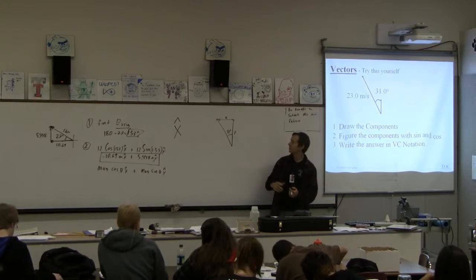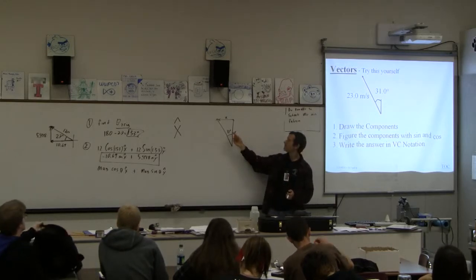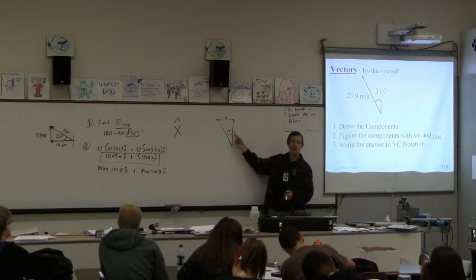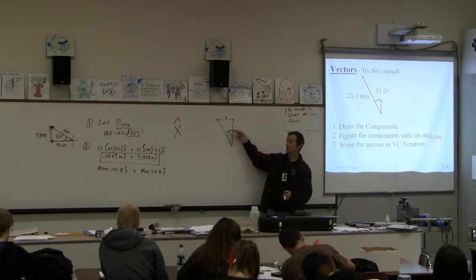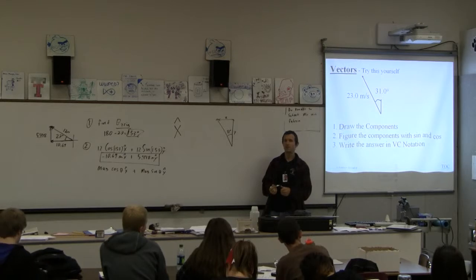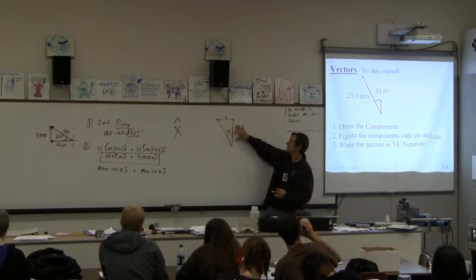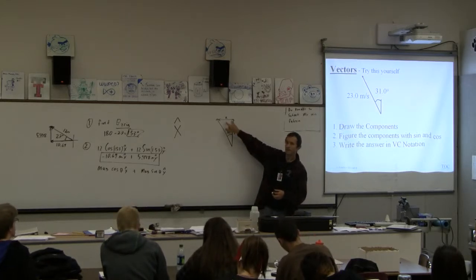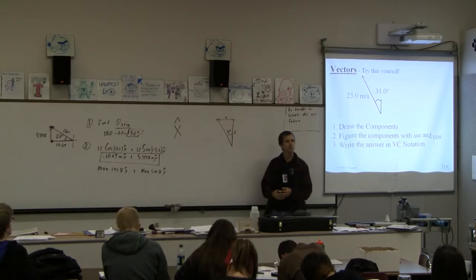So, you guys are all working on this, right? I expect the y component to be up, the x component to be to the left or negative. I just expect that. I expect the y component to be larger than the x component, bigger in magnitude. Yeah, it should come out negative.